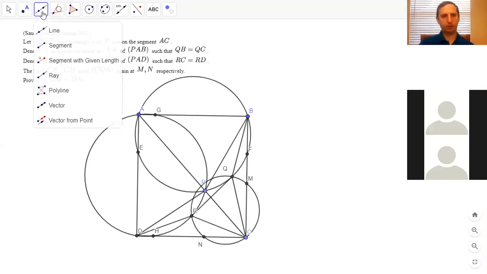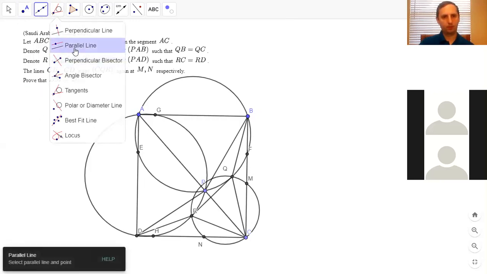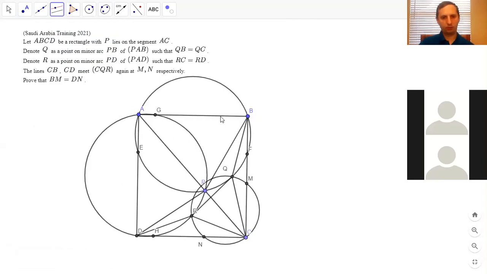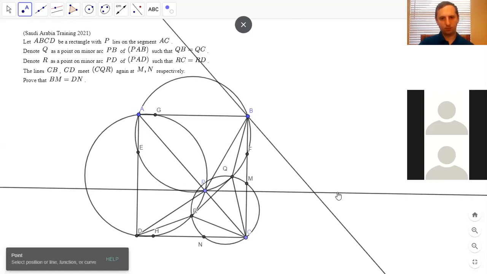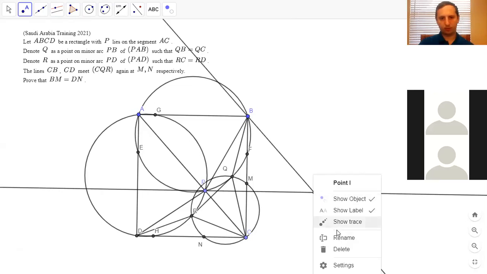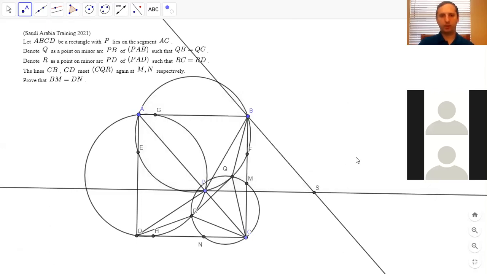Let me try something, because I feel like in a lot of these rectangle problems, it's useful to construct a point P like this. I don't know, we could call this S, let's say. So APSB is a parallelogram. Does that help?